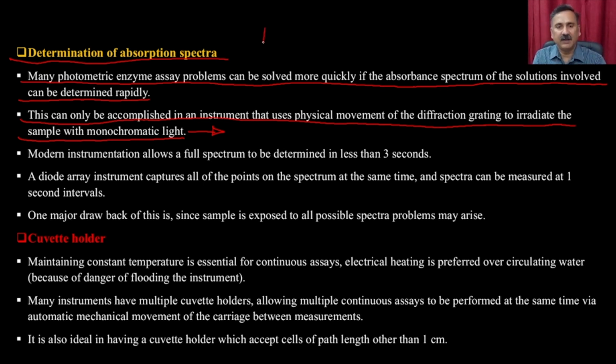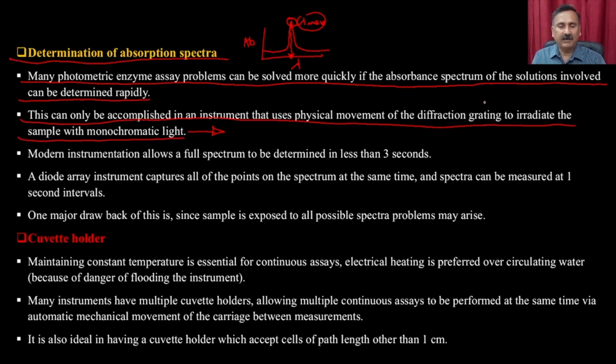So you can actually have lambda on this side and absorbance on this side, and that's how you can know where this particular molecule is absorbing. The wavelength which has the maximum absorbance is called the lambda max.